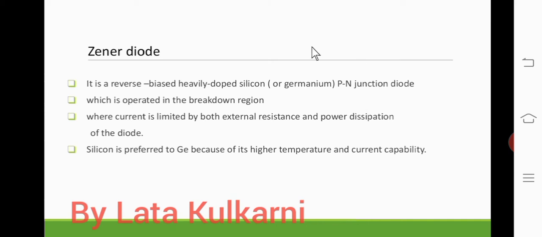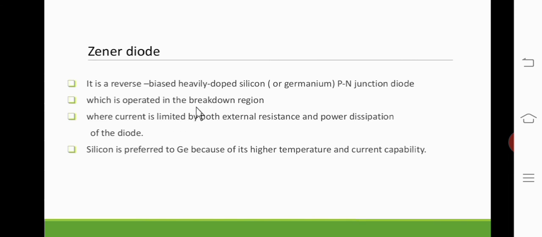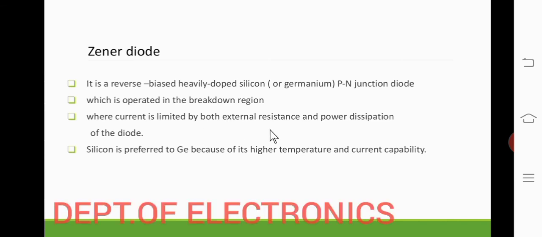So what I told? Zener diode is nothing but a diode, but it is heavily doped with silicon or germanium, and it is always operated in the breakdown region. Here, current is limited both by the external resistance and the power dissipation of the diode.